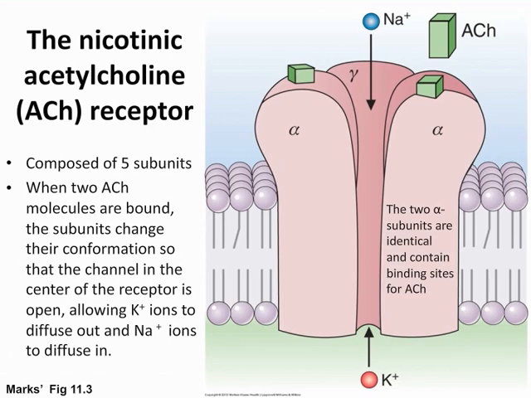And then the green parts, there are 2 acetylcholine molecules bound to it. As soon as 2 acetylcholine molecules bind to their receptor, it's going to cause a conformational change which opens up this gated channel. Once the channel is open, the sodium ions are going to diffuse in and the potassium is going to diffuse out.